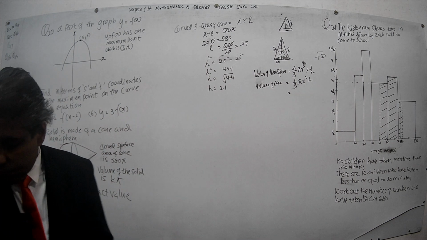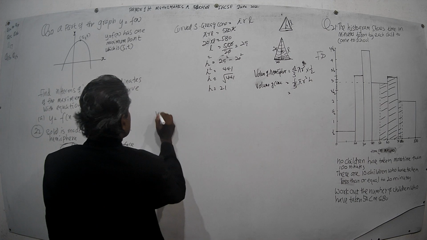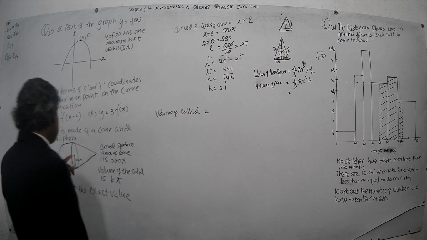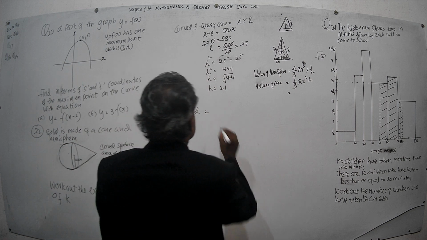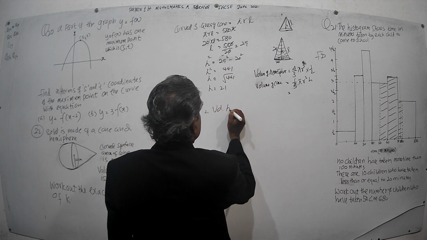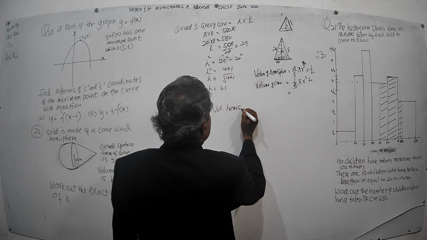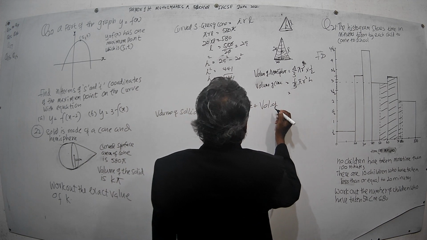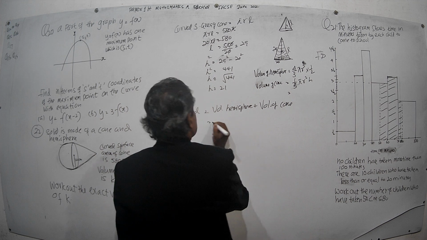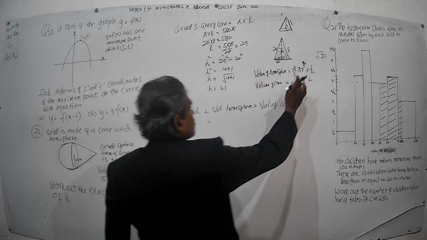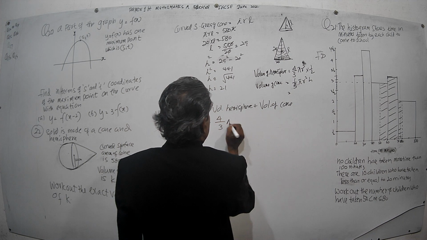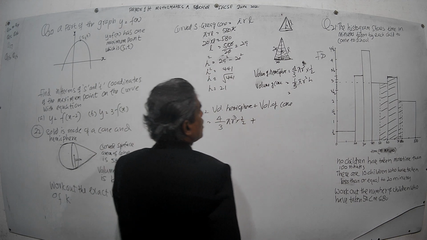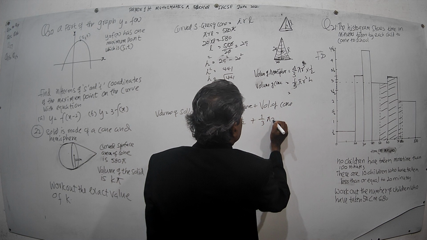Now see, the volume of the solid equals the volume of the hemisphere plus the volume of the cone. The volume of the hemisphere is 4 over 3 pi r cube into half, plus the volume of the cone, 1/3 pi r square h.